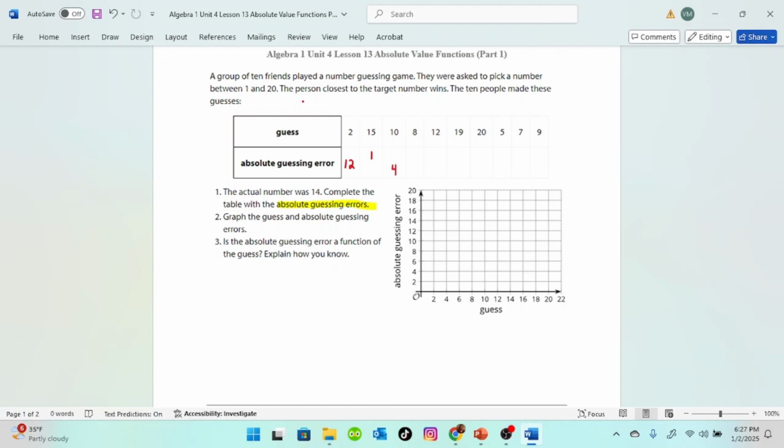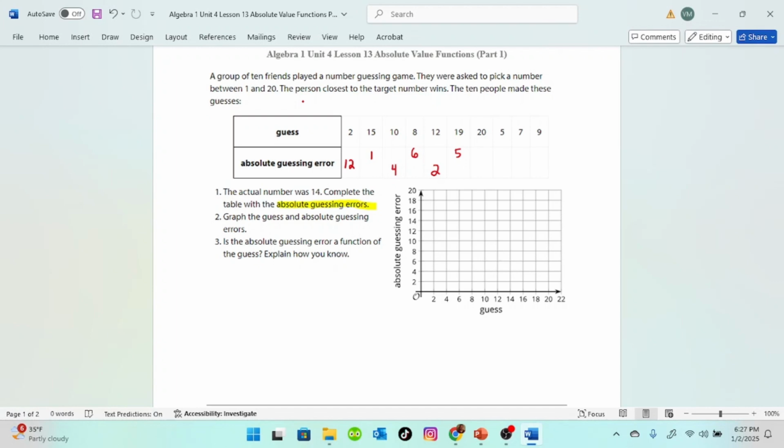The fourth guess was 8, and 8 is 6 away from 14. The fifth guess was 12, and 12 is 2 away from 14. The sixth guess was 19, and 19 is 5 away from 14.